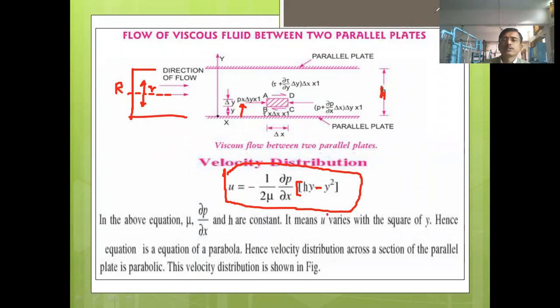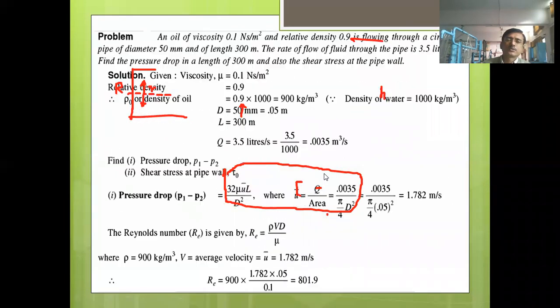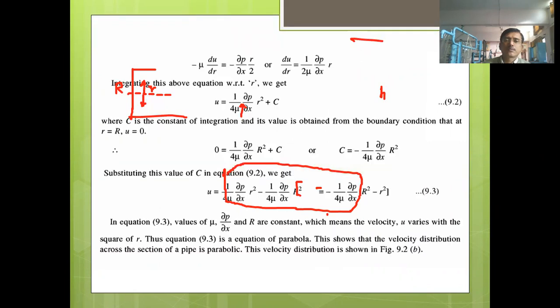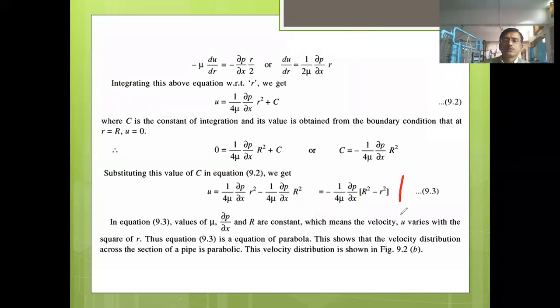If you remember, what is the expression for the velocity distribution for the pipe flow? Yes, this is the expression that we have derived: u is equal to minus 1 upon 8 mu del p upon del x into capital R square minus small r square.